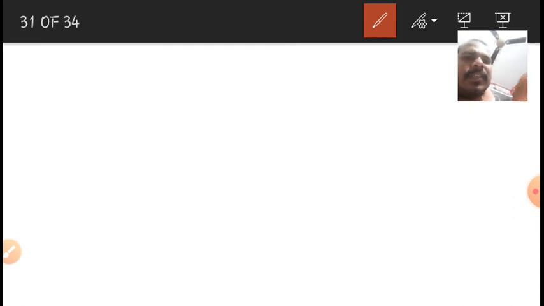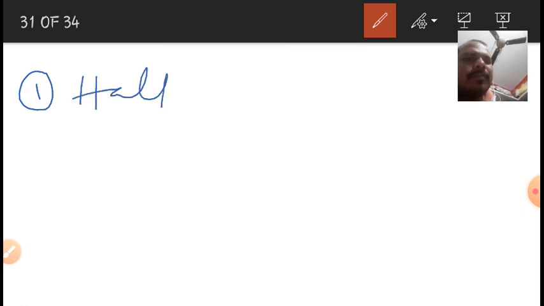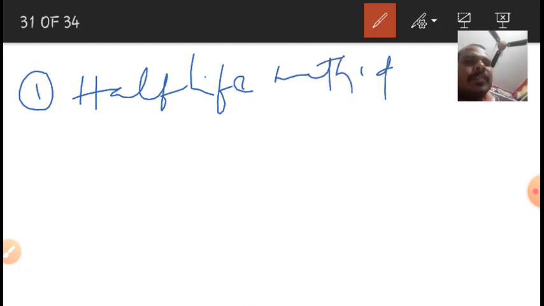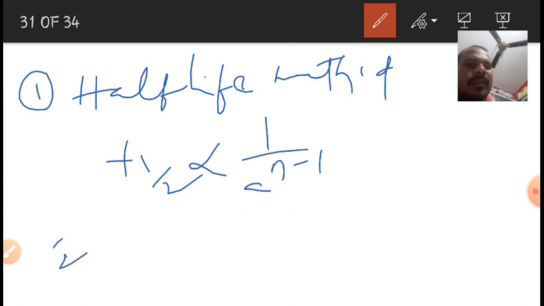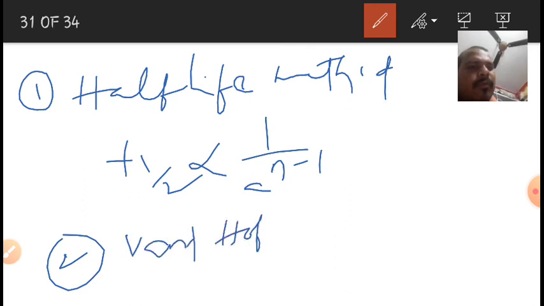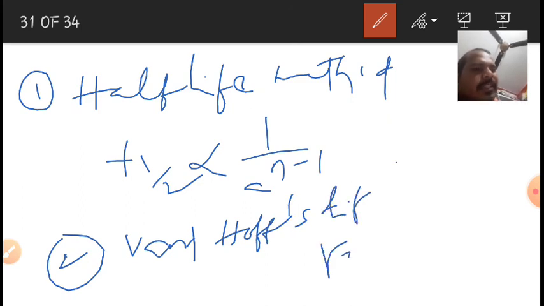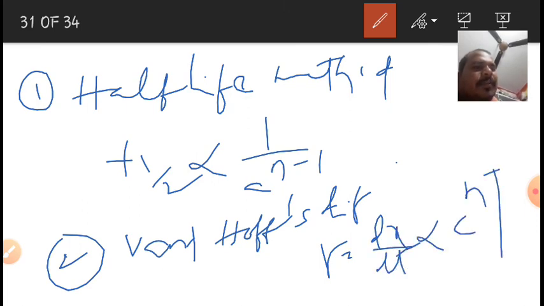I explained the half-life method, where t half is inversely proportional to a to the power of n minus 1 for an nth order reaction, and Van 't Hoff's differential method, where the rate of the reaction dx by dt is directly proportional to c to the power of n.